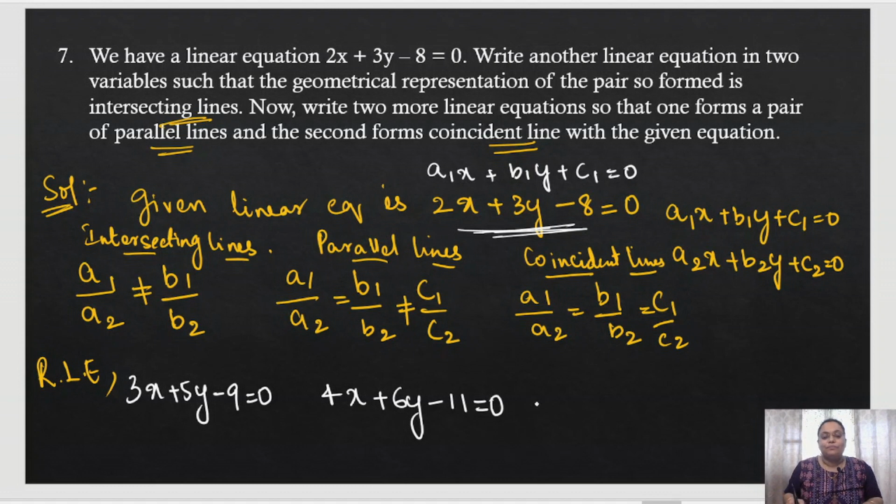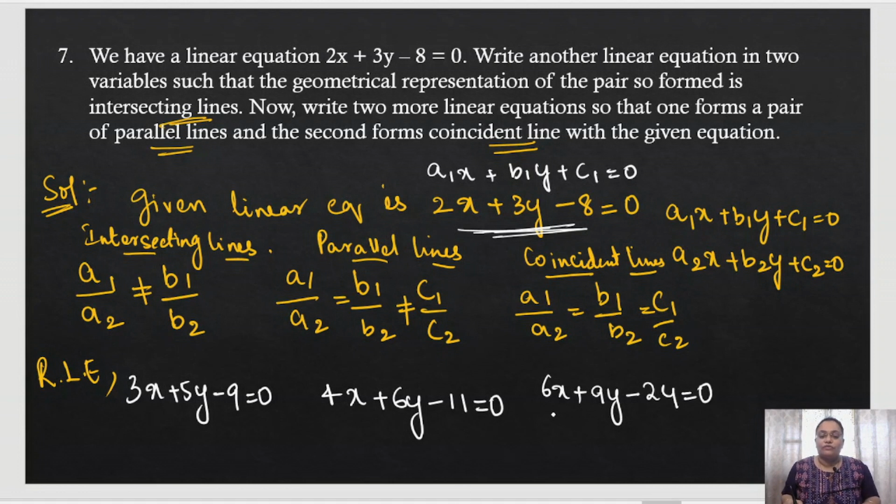Now let us write the equation for coincident lines. Here the condition is a1 by a2 is equal to b1 by b2 is equal to c1 by c2. Okay. So all the ratios must be equal. You can write any equations, but the ratios should be equal. Okay. We can write the equation as 6x plus 9y minus 24 is equal to 0.